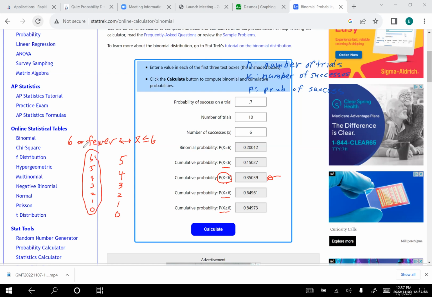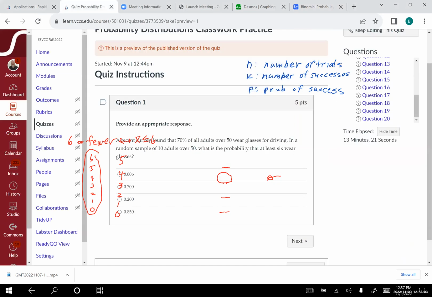All right, so Mallory guaranteed us that it's 0.35. And we're going to see if that's one of the answers. What did I put in wrong? Oh, it isn't or fewer. Sorry, I forgot that it's not fewer, it's at least 6.